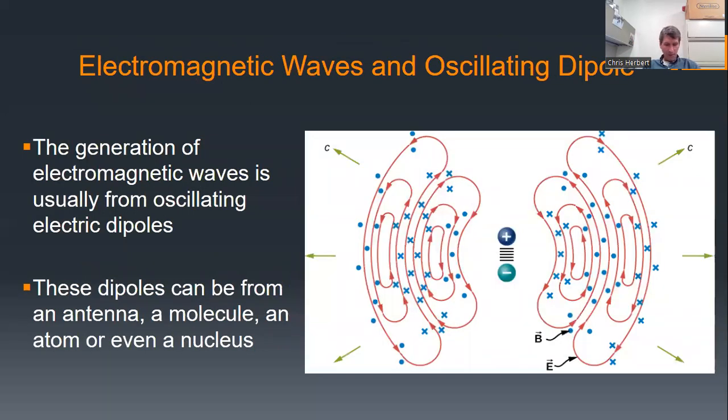Here's our oscillating dipole once again. Just to understand what is going on here, when we generate electromagnetic waves, we're typically doing it with this oscillating dipole. The wave fronts represent regions where we're all in the same phase, same electric field, same magnetic field. If I map out a constant phase or wavefront, my wavefronts are all curved here.